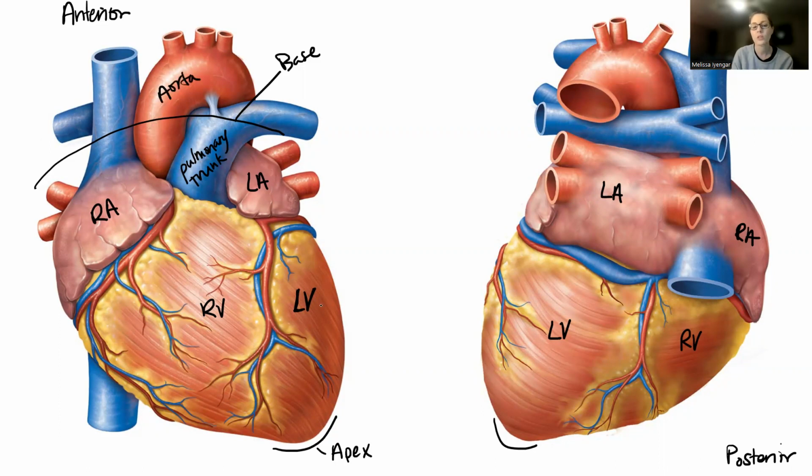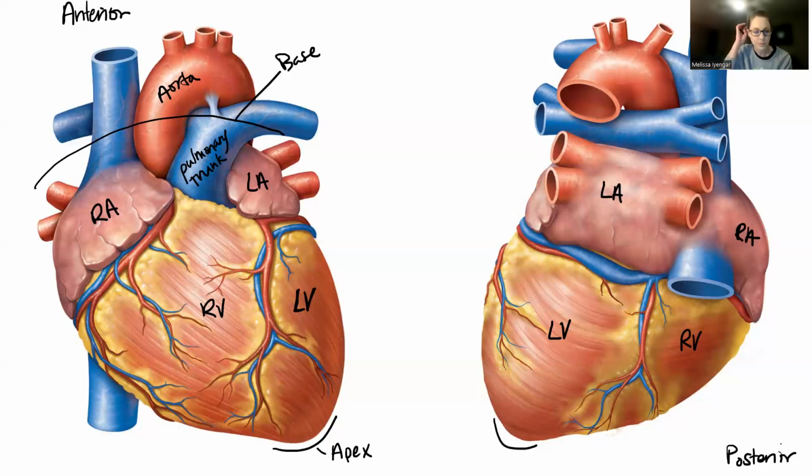The pulmonary trunk is only seen from the anterior side, and it always directly connects to the right ventricle. The one behind it is the aorta. The aorta attaches to the left ventricle, but it's more posterior to the pulmonary trunk. The back side of the heart has all of the veins dumping blood into the heart, and it's normally a mess, so it's easier to look for the front.